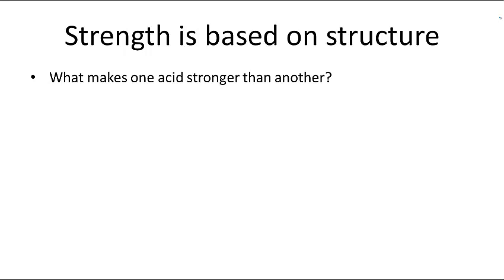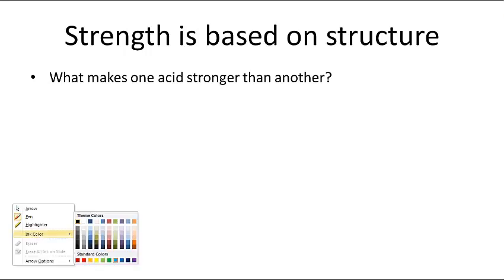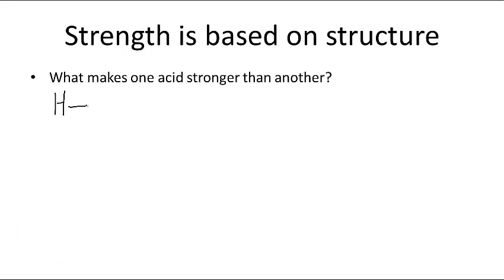Well, remember, an acid has to have H that it's willing to give away as H plus. So an acid we usually write as HA. And to be an acid, it's going to split into H plus and A minus.